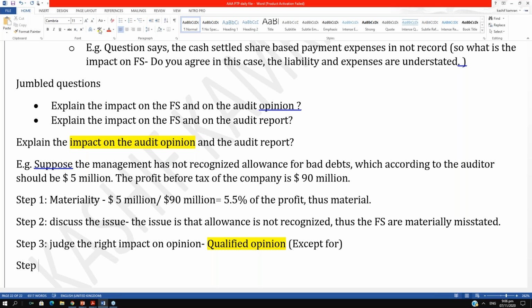So what will you do in step 4? In step 4, you will say, due to a qualified opinion, the auditor will issue a fill in the blank report. Who will do the fill in the blank?